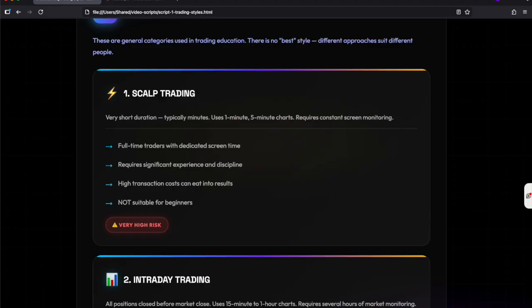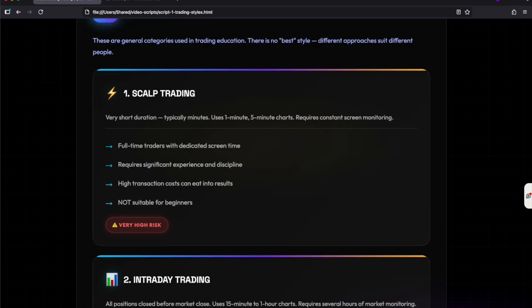These people will be using charts like the 1 minute or 5 minute time frame. By the way, it requires constant screen monitoring. So who typically uses this? This is for full-time traders, with dedicated screen time and experience in fast-paced decision making.